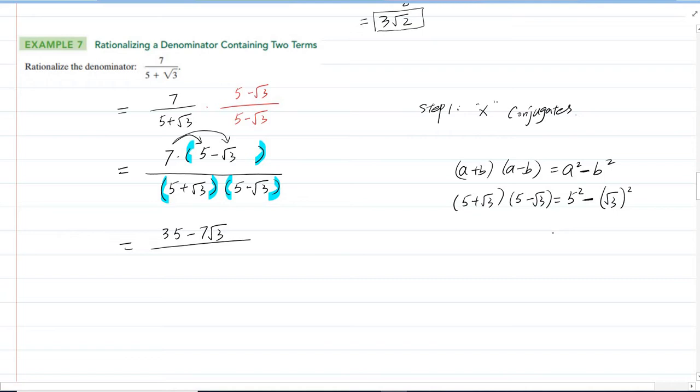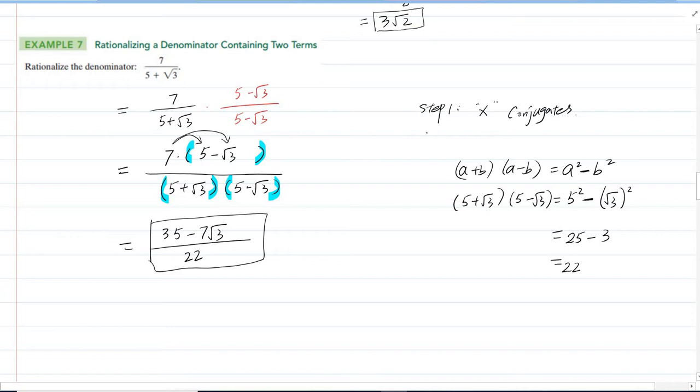So in this case, we're going to have what? 25 minus the square root of 3 squared, that's just going to cancel. That will be 25 minus 3, which gives you 22. So I'm going to bring it over. That will be 22, and that is your final answer. Remember, step 1 is always to multiply by the conjugate if the denominator has two terms.